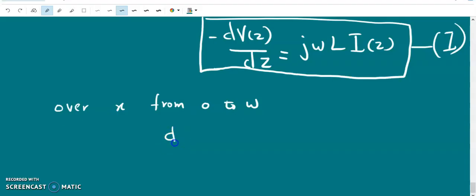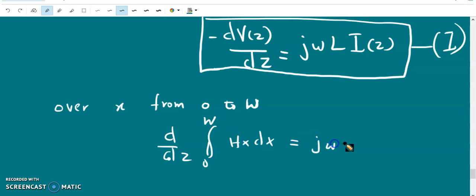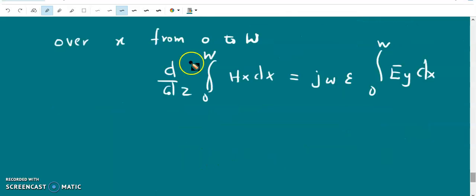So, we get d by dz of integral 0 to w Hx dx equal to j omega epsilon integral 0 to w Ey dx. So, we have integrated over x from 0 to w.